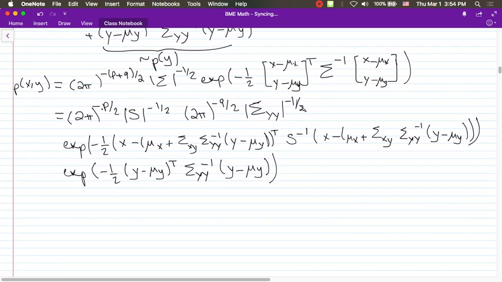So I've factored the joint probability into this term, the first term here. This is P of x given y. This is P of y. Let's write it down.